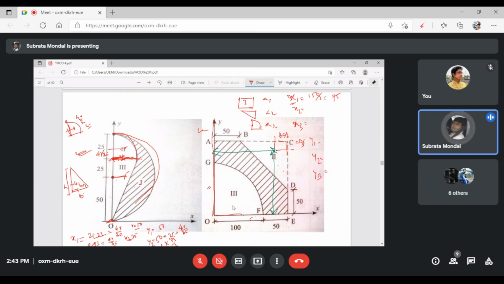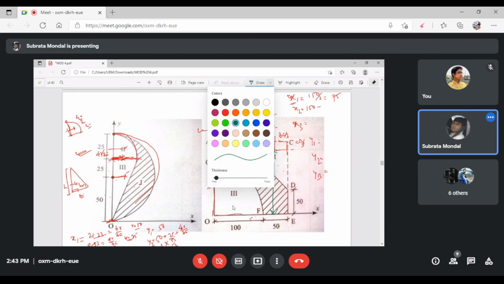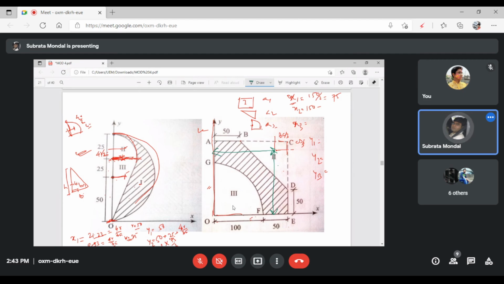You have to subtract that length, which is 100 by 3. So x2 will be 150 minus 100 by 3. Clear? Total length is 150 and BC length is 100, so if we subtract 100 by 3, we get this value.